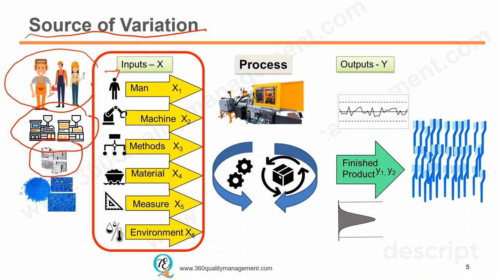Even if you use the same machine, sometimes the machine performance could have deteriorated if it's not well maintained. And it could be from different batches, different types of plastic pellet materials from different suppliers. So these are all the sources of variations which contribute to variations in the process outputs.